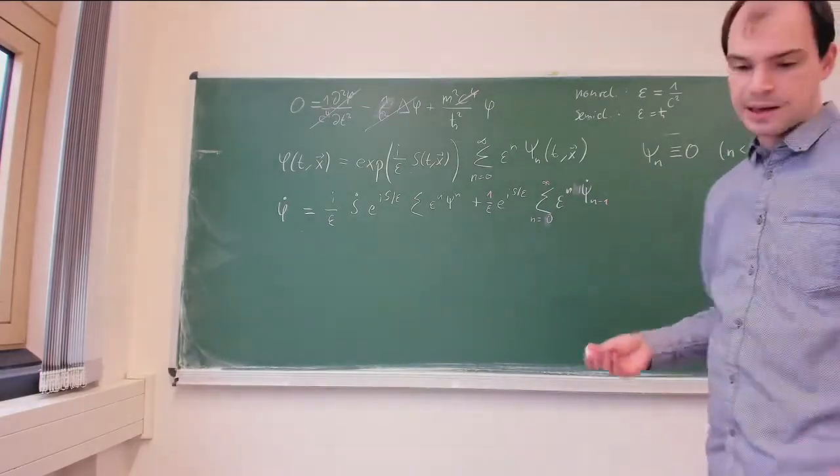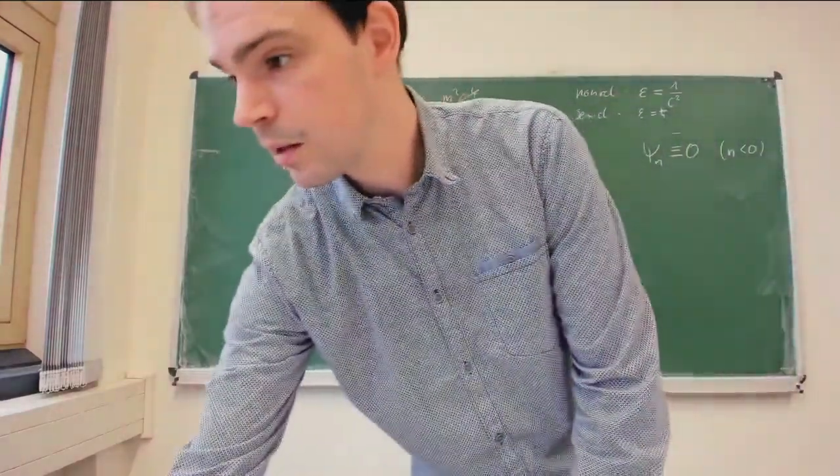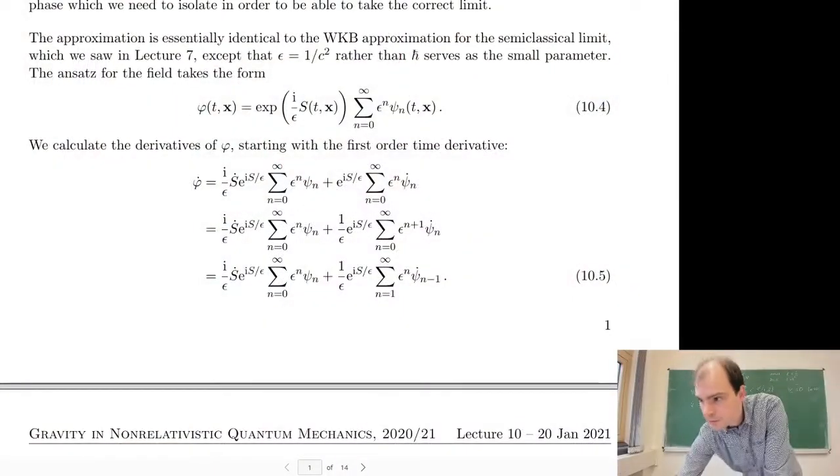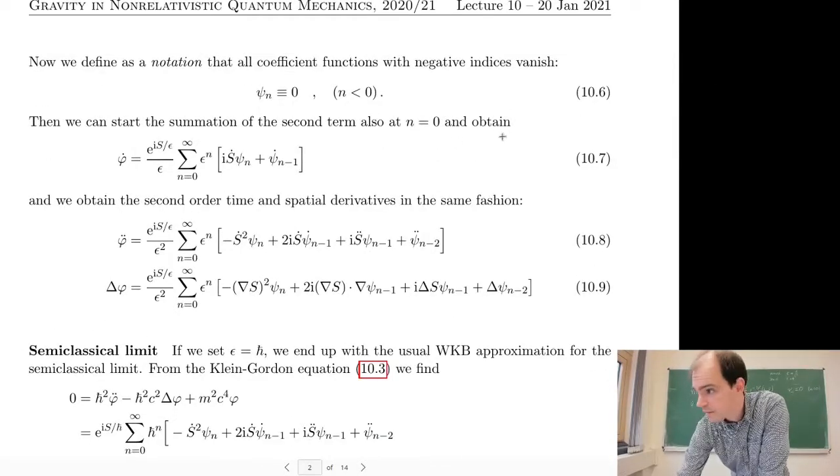So with this we can then write those two sums together in one sum. And if you look at the lecture notes, you will find this here in equation 10.7. You have the definition of psi dot, which then takes this form where we have i S dot psi_n plus psi dot_(n-1).